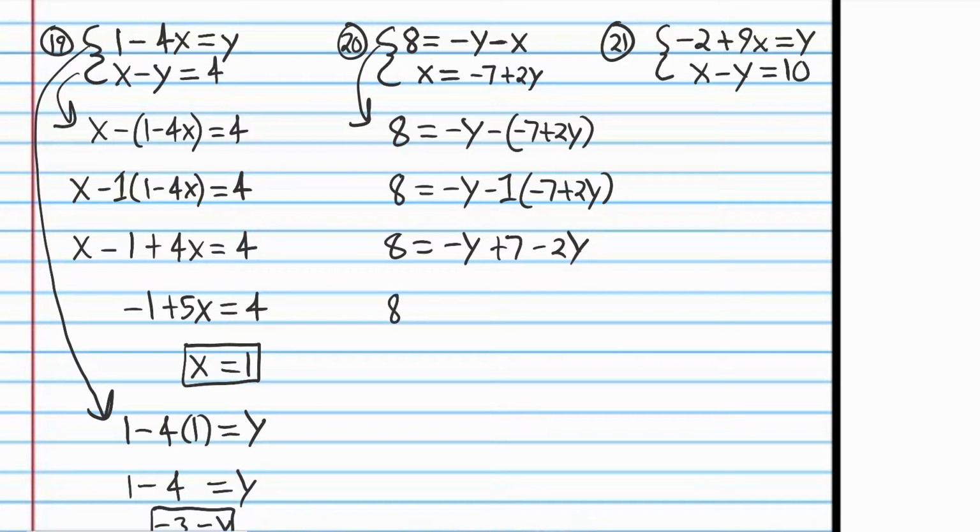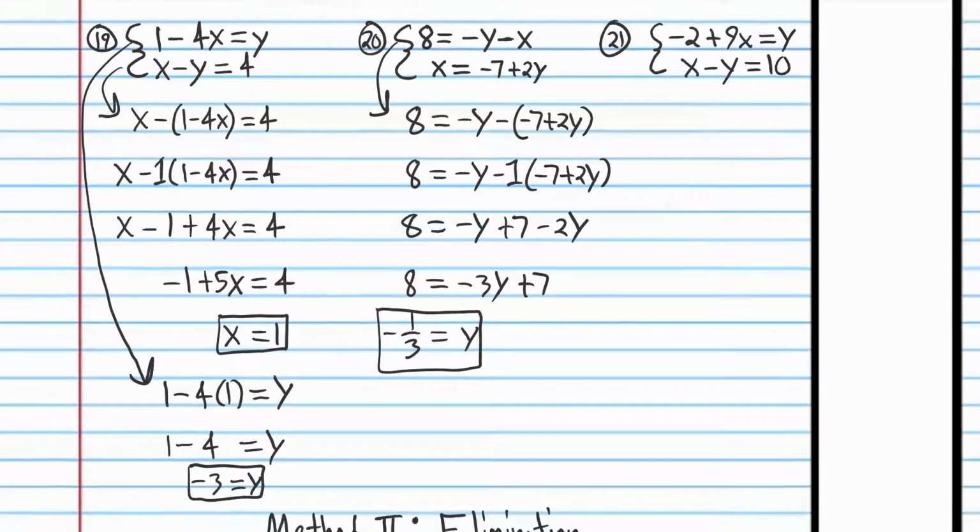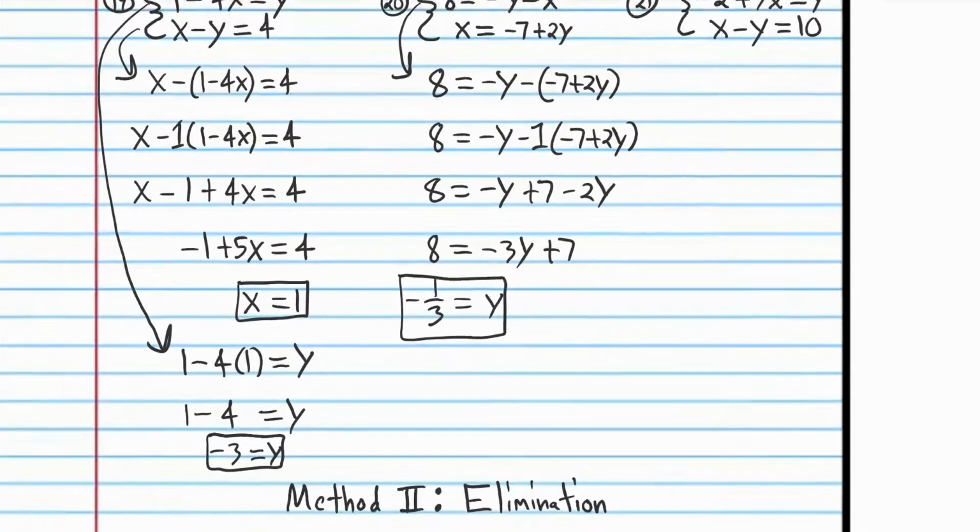All right, so -y minus 2y is -3y. Subtract 7 from both sides, divide both sides by -3. And there you go. So if you got -1/3 for y, good job.